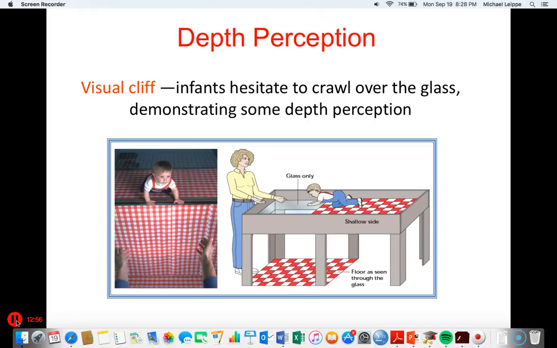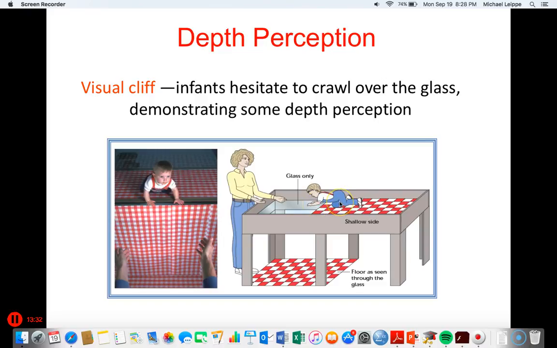So what happens here? As it turns out, as early as they are able to crawl, babies are very reluctant. They won't cross over from the shallow side to, in this case, mom, despite the coaxing, because they apparently perceive depth as soon as they're able to crawl, at the very least.